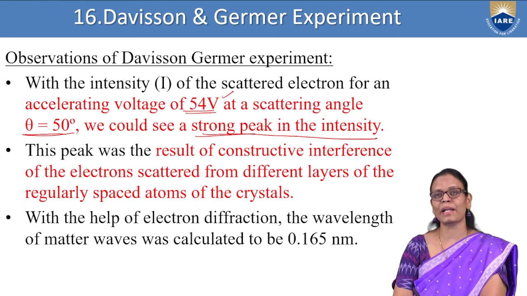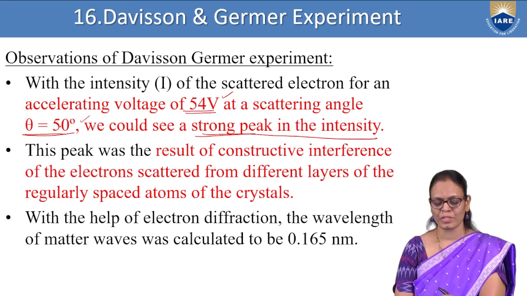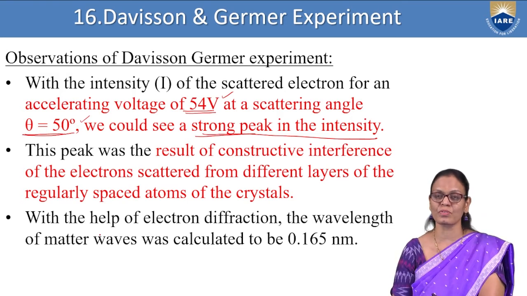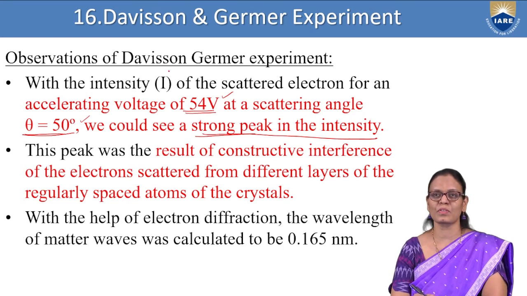So what is the applied voltage? 54 volts. And what is the angle at which they are diffracting? 50 degrees. This peak was the result of constructive interference of the electrons that are scattered from different layers of the regularly spaced atoms in the crystal. So this is his first observation.